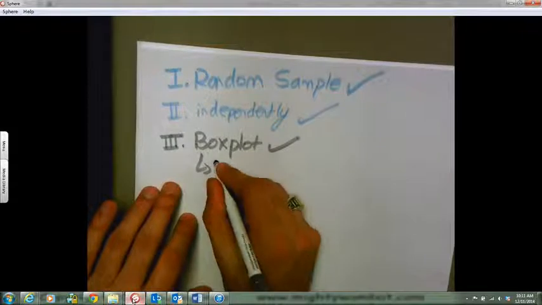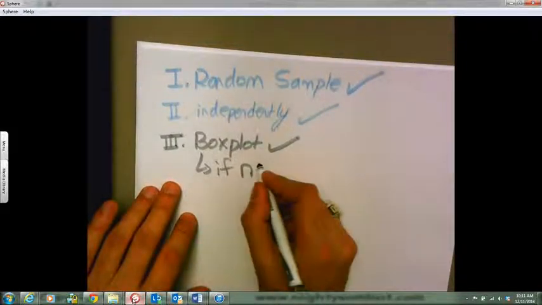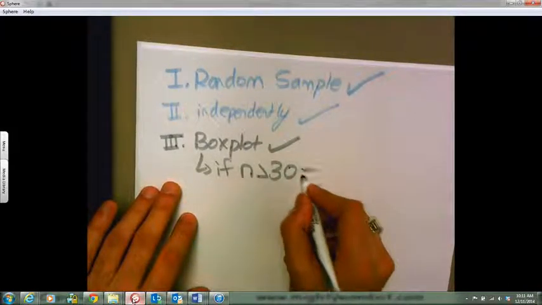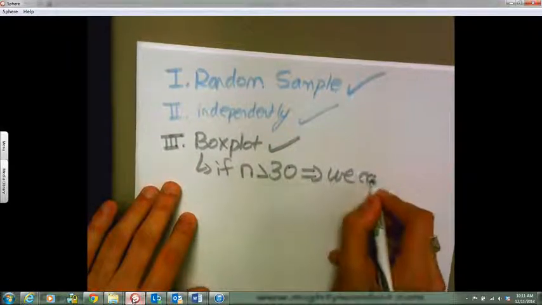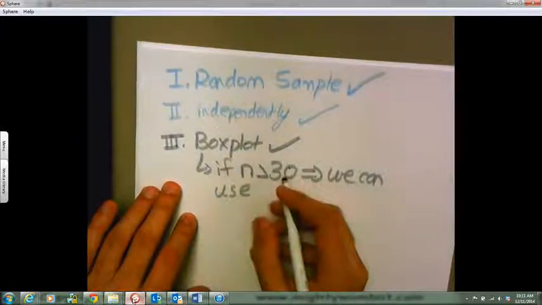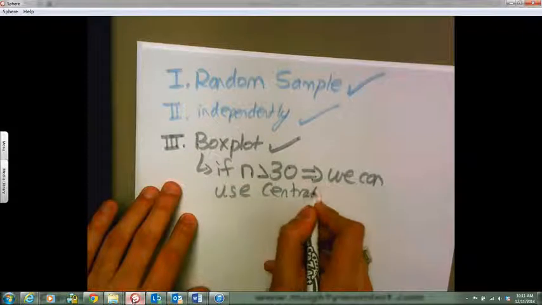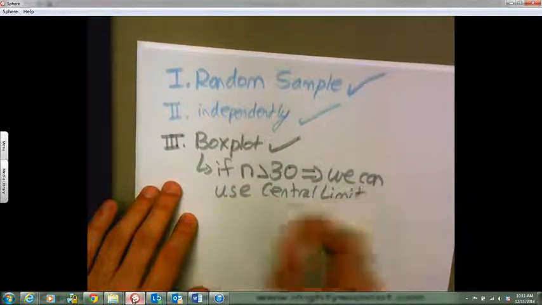If the sample size is greater than 30, then we can use the central limit theorem.